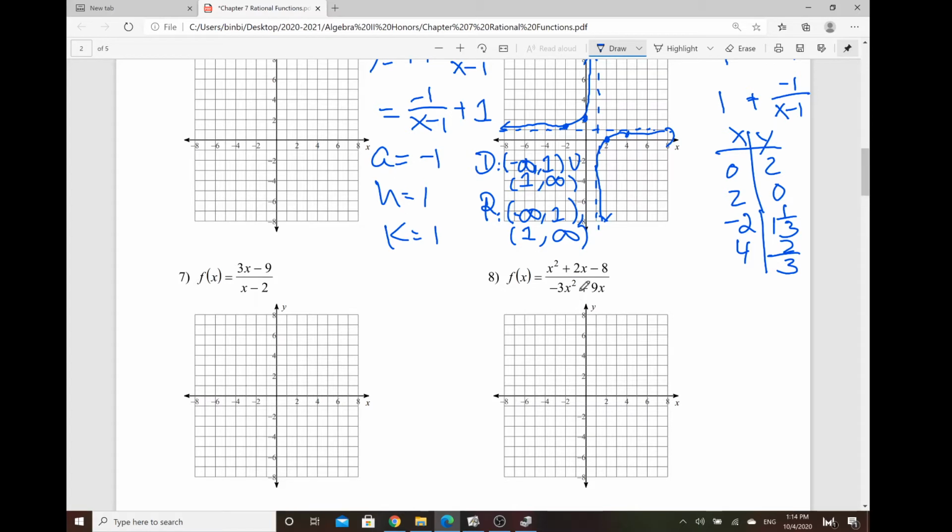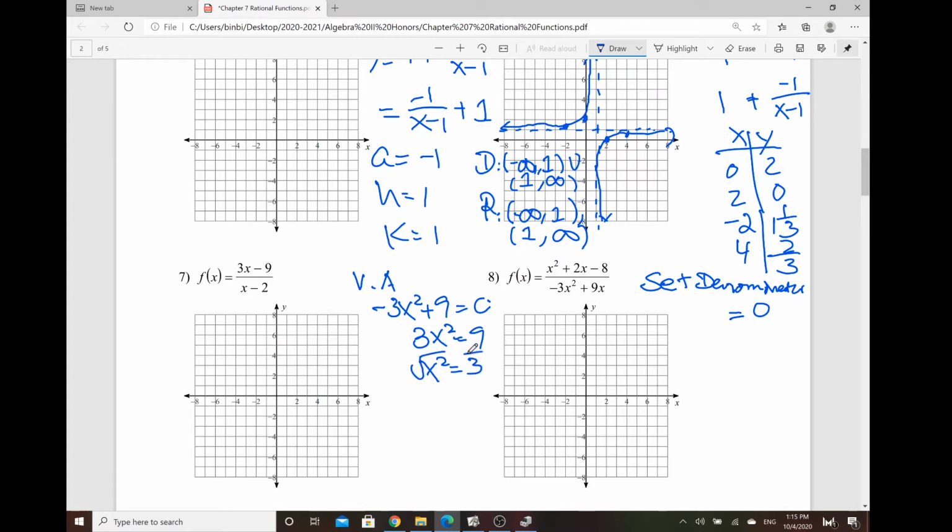Another way to find the VA for a rational function is to set the denominator equal to 0. And then from there, we can just solve for x. So we have 3x squared equals 9. Divide by 3 on both sides.